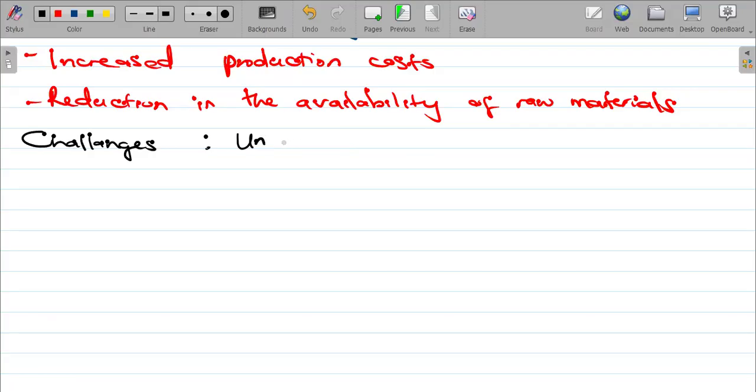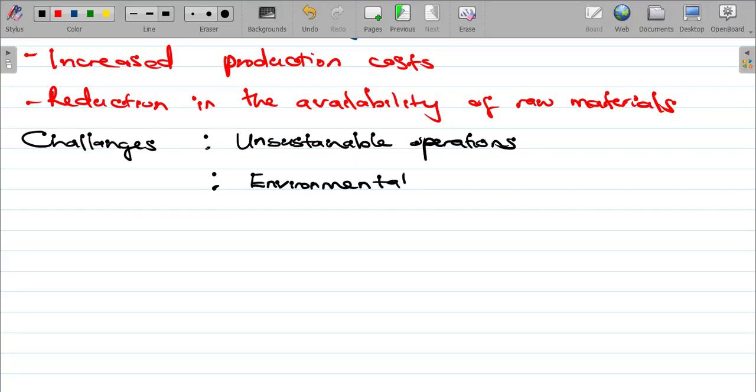Of natural resources. Unsustainable operations. And also it can cause environmental damage, which is environmental degradation.